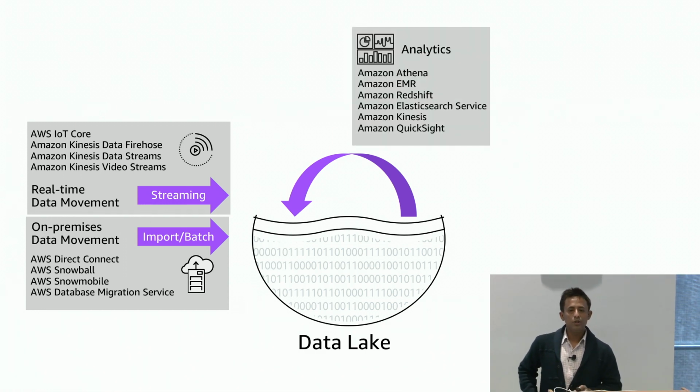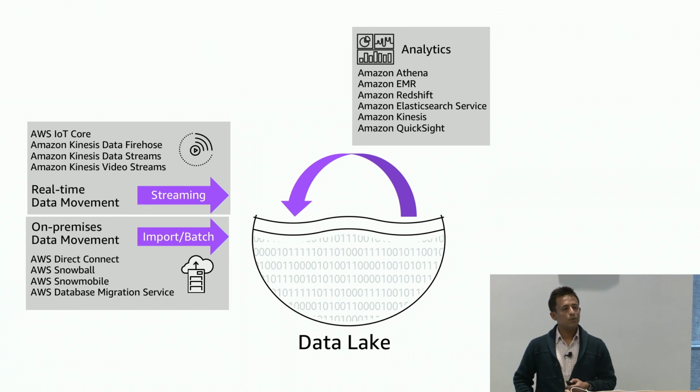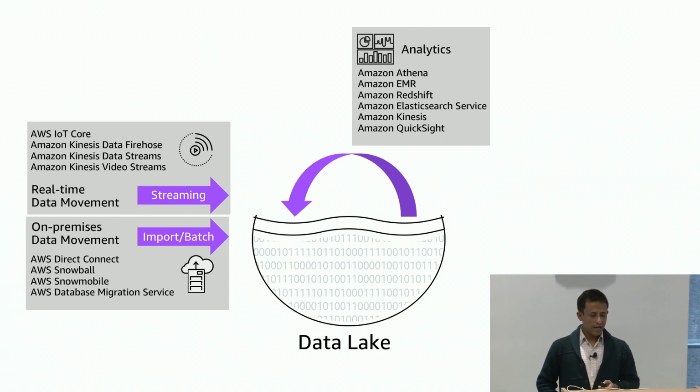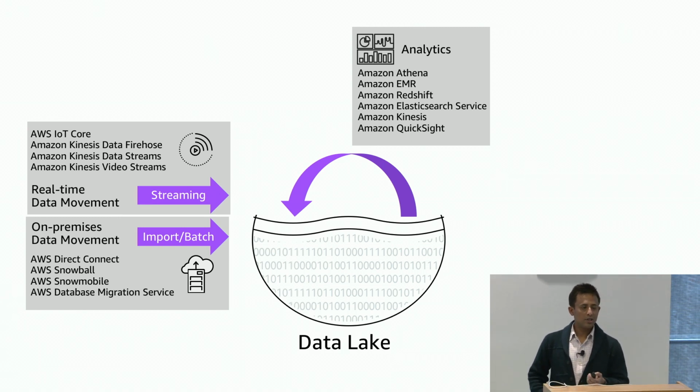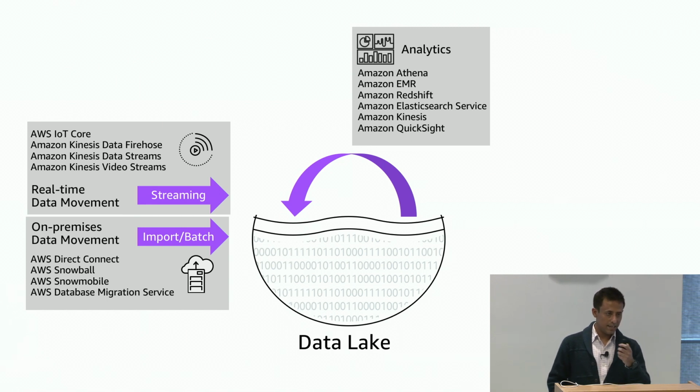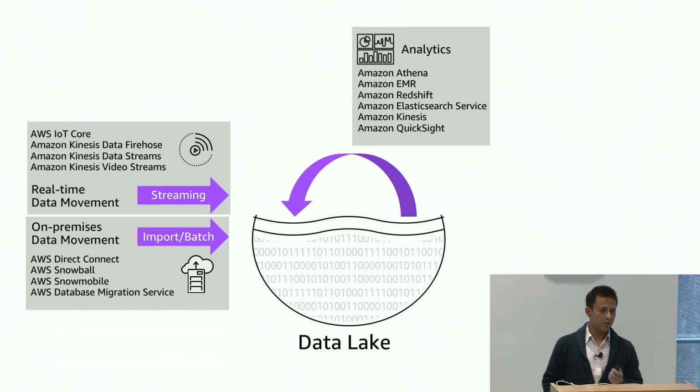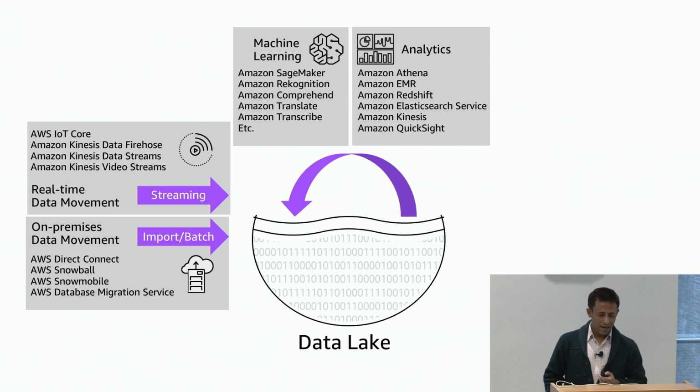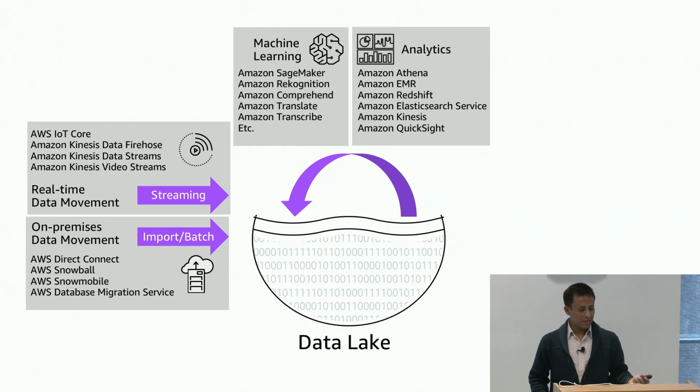And then you also need to do some analytics. You have to understand what the data is, right? For that, we have tools like Amazon Athena, EMR, Redshift, Elasticsearch, Kinesis, and QuickSight to analyze and visualize your data. And again, that is a topic for another Analytics Week discussion, which will probably happen in the Loft sometime. For machine learning, we have SageMaker, Rekognition, and Comprehend.